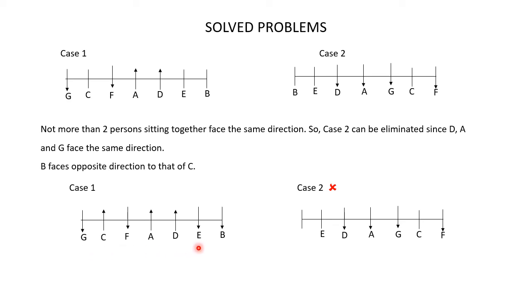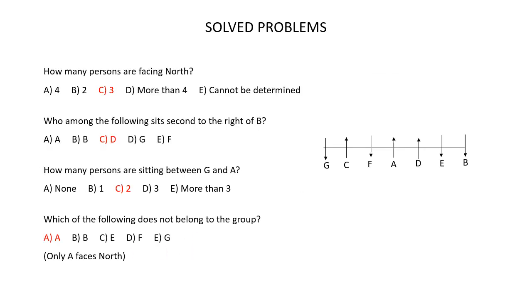So finally you get this seating arrangement for case 1. So this is the final seating arrangement for A, B, C, D, E, F and G. Based on this final seating arrangement, let's answer the given questions.